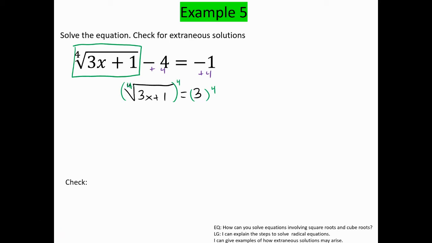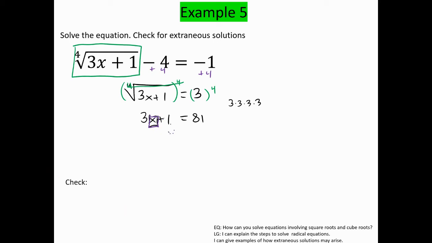So that's fourth root and the 4, they cancel each other out. So we have 3x plus 1 equals, this is where you got to be careful. What's 3 times 3 times 3 times 3? That is just 81.